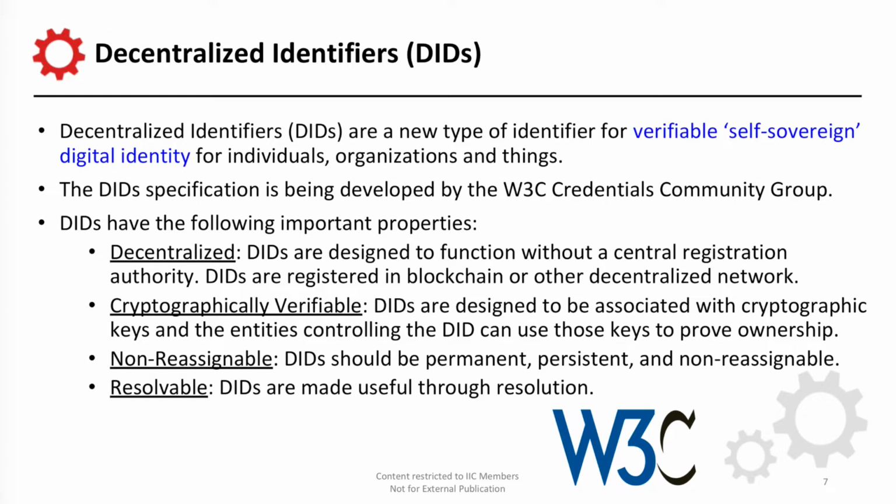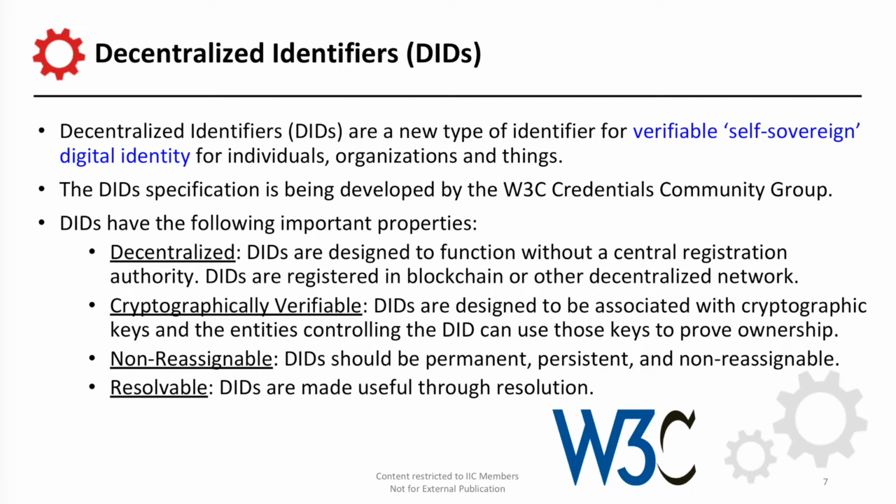The other very important property is cryptographically verifiable. Each ID will be associated with a pair of keys. That key will enable you to prove to the other party that you control that ID. If you have a blockchain wallet, the only way you can access the funds is by having the private key. If you lose that key, you lose all control of the asset.